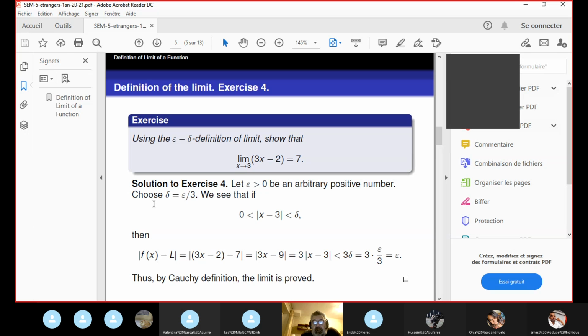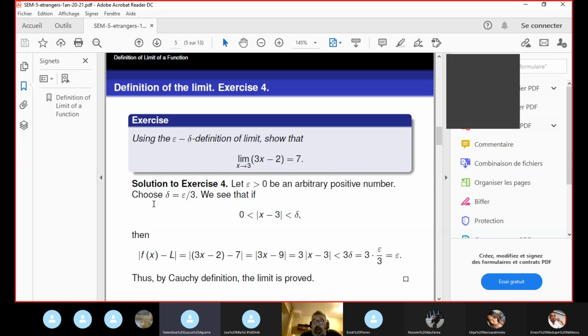So, due to the definition, we take epsilon, which is strictly positive, an arbitrary positive number. So here, we can choose our delta, which depends on epsilon. Immediately, we say that delta will be epsilon over 3. But now we will see how to find this delta in fact.